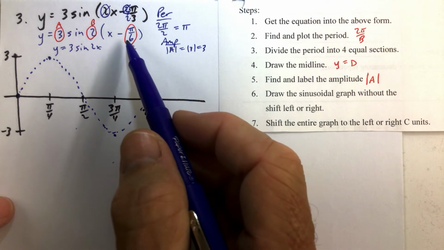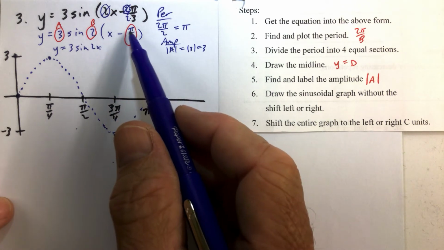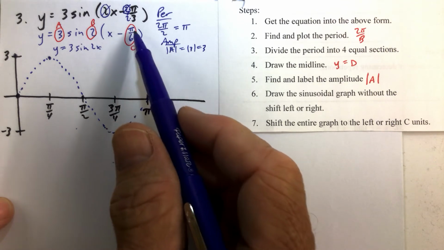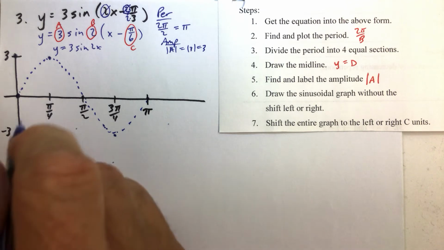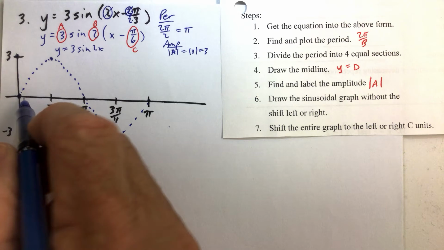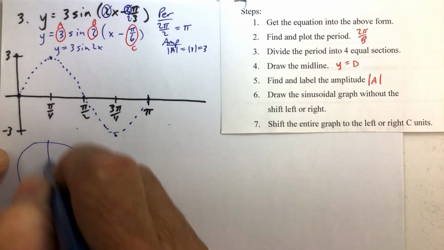Well, we know that when x is replaced with x minus something, that something gets shifted to the right if it's minus in front and left if it's a plus in front. So this one is moving to the right, pi over 6. Now this is a little trickier, but what we can do is think about where pi over 6 is in relation to pi over 4.